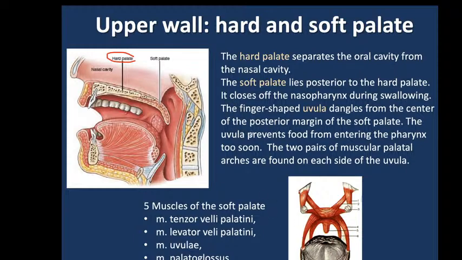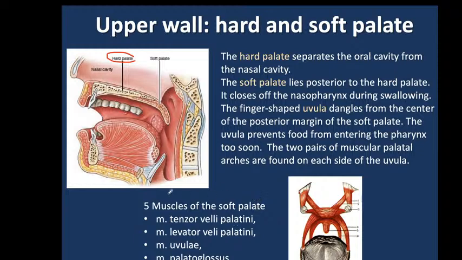It is like a finger-shaped formation or structure that dangles from the center of the posterior margin and has a muscle inside. And as you see, the uvula prevents food from entering the pharynx too soon. It makes the process of swallowing longer.